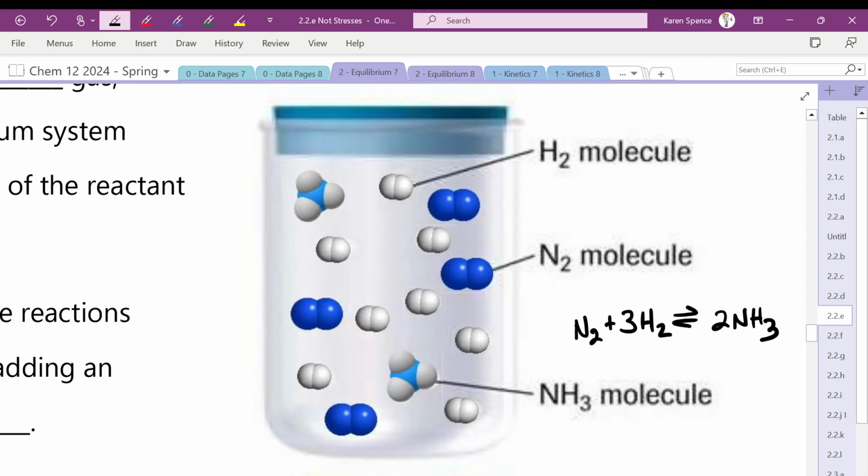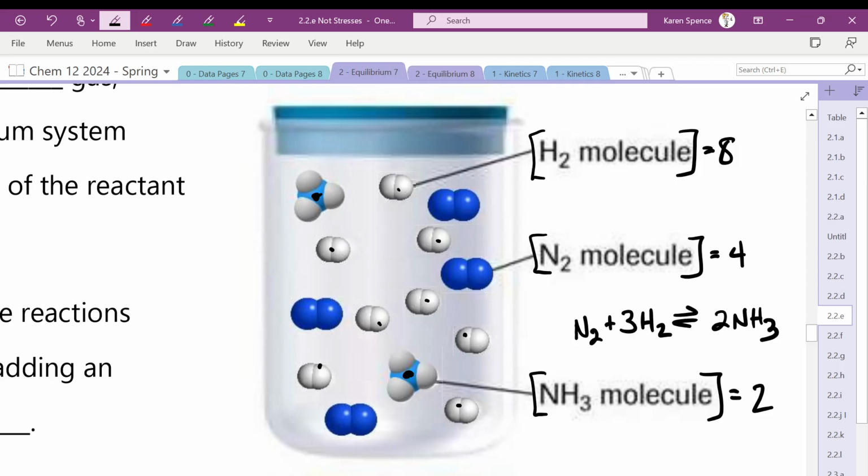And the concentration of the N2 molecule here is equal to 4. Yes, I got 1, 2, 3, 4 N2s. And the concentration of the H2 molecule is 1, 2, 3, 4, 5, 6, 7, 8. And the concentration of the NH3 molecule is 1, 2.